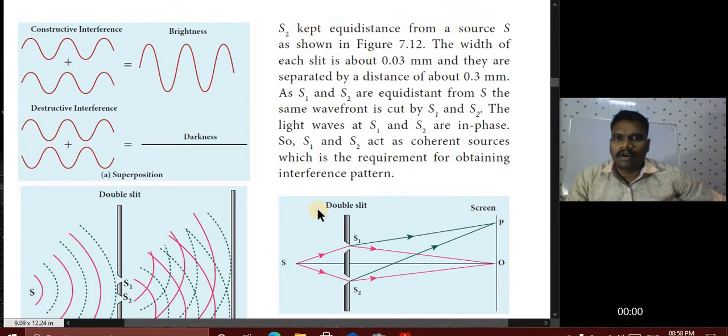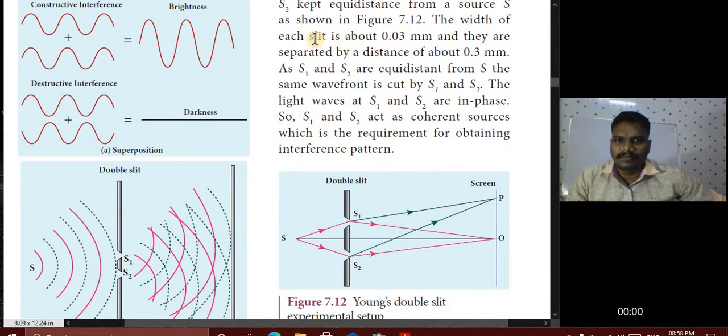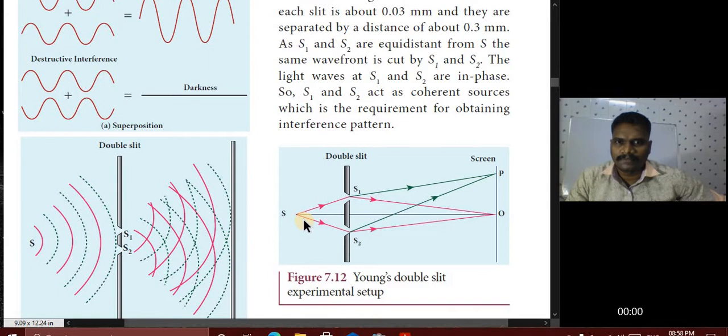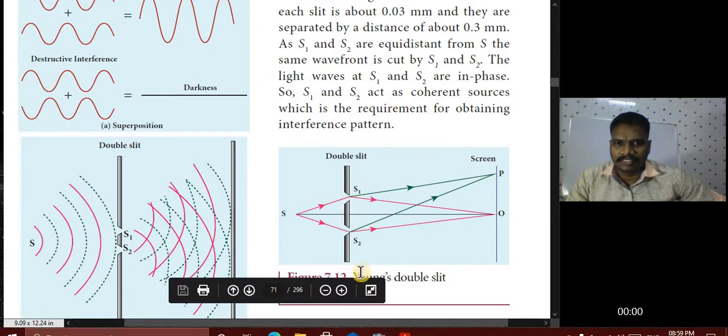The width of each slit, this is very important, is about 0.03 millimeter, and they are separated by a distance of 0.3 millimeter. As S1 and S2 are equidistant from S, the same wavefront is cut by S1 and S2.